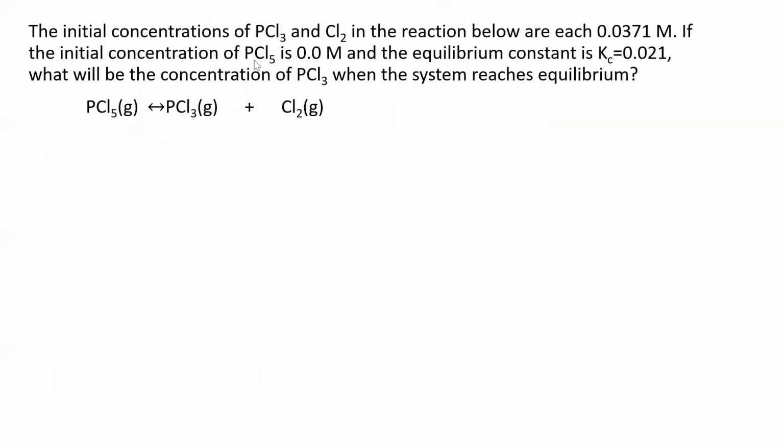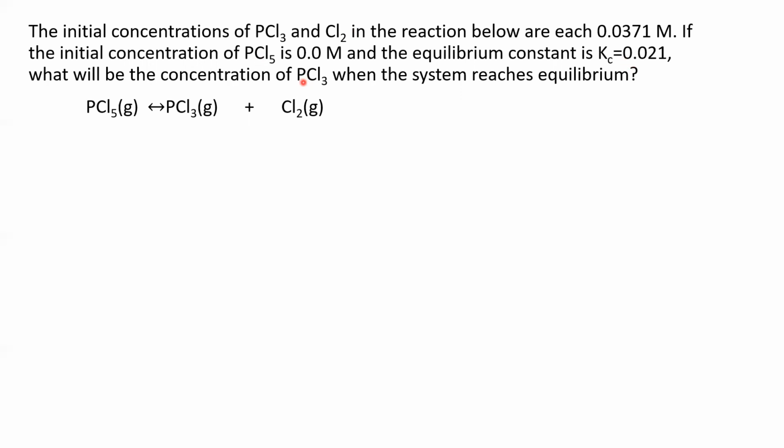If the initial concentration of PCl5 is 0 and K is 0.021, we want to calculate the concentration of PCl3 at equilibrium.